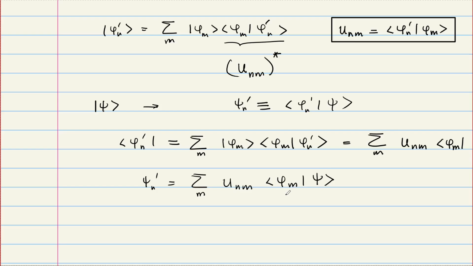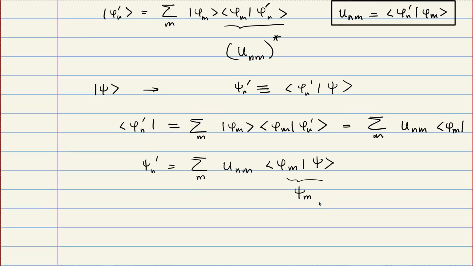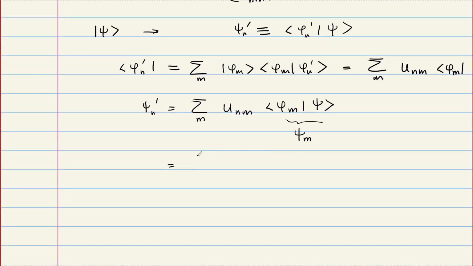But this is the expansion coefficient in the original basis, which I'll call psi m, and I can write this as sum over all m u n m psi m.